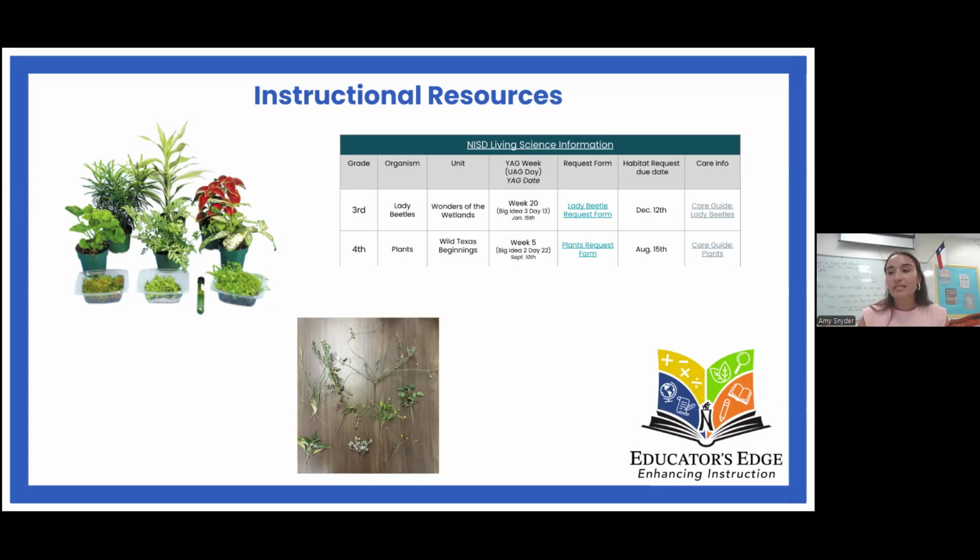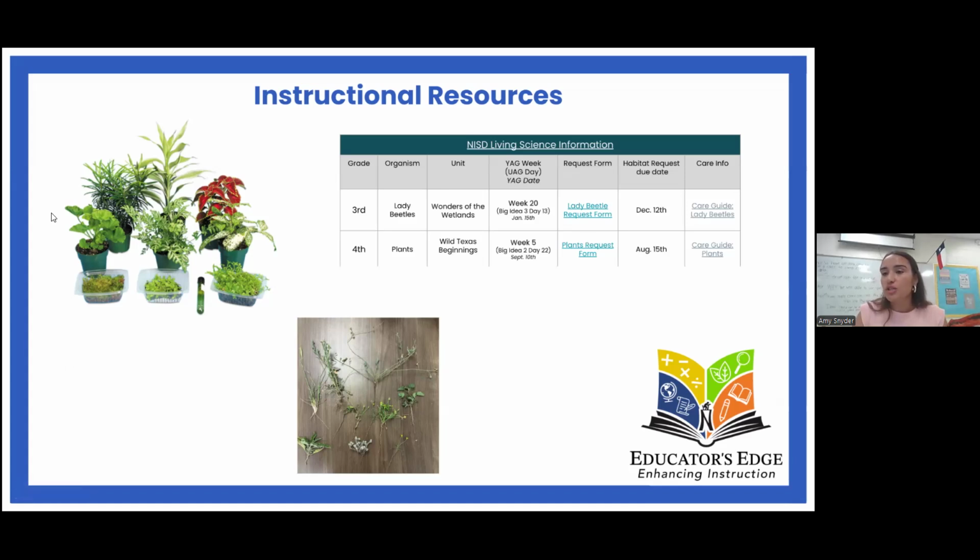But the way that Living Science works is that you submit a request form, and whoever submitted the form from your team, I will send them the voucher code, which you would then use to arrange the shipping or delivery to your campus directly with Carolina. And in the email, I give you instructions on how to do that.